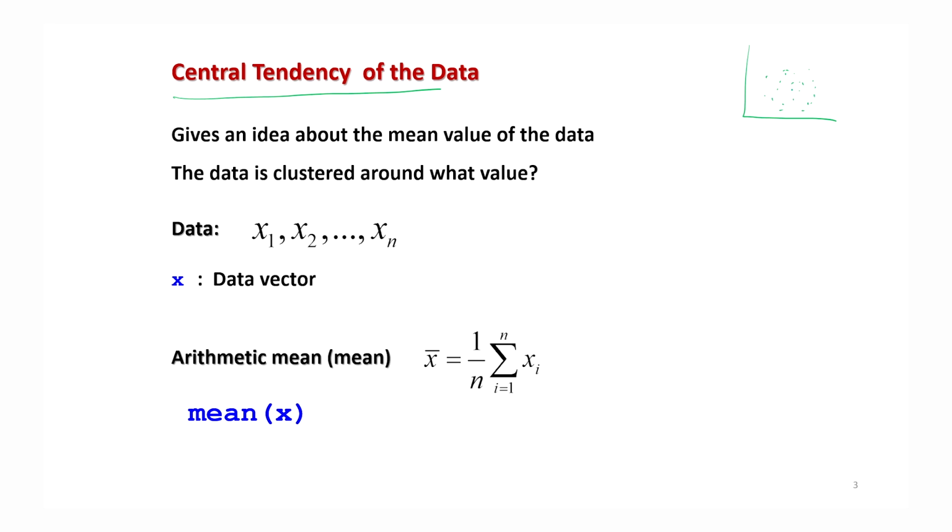I can say that here data is concentrated around this point, and if there are two sets of data, one here like this and another here like this, then I would say the data is concentrated at this point and at this point. So we are simply trying to understand the central tendency of the data.